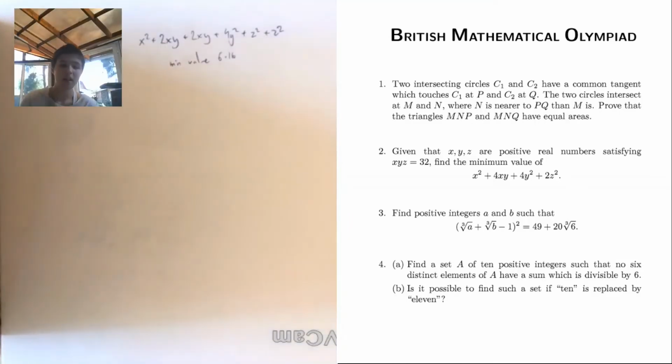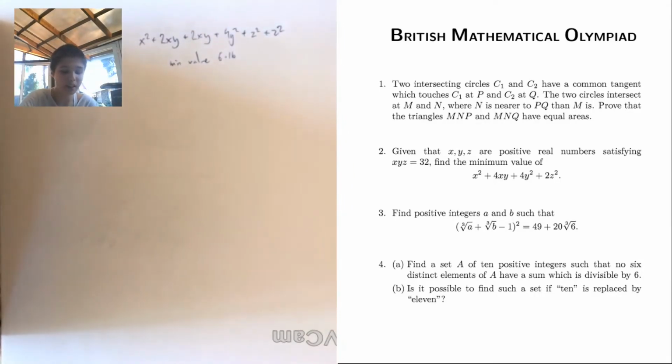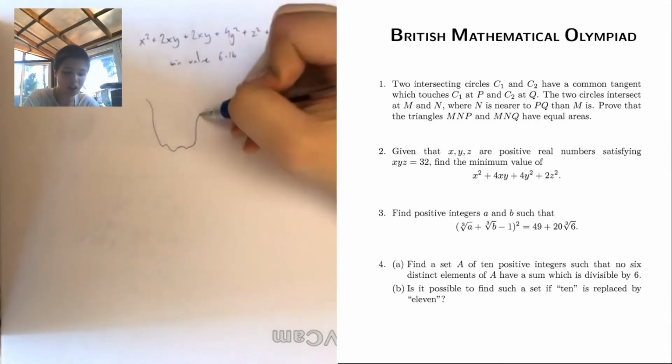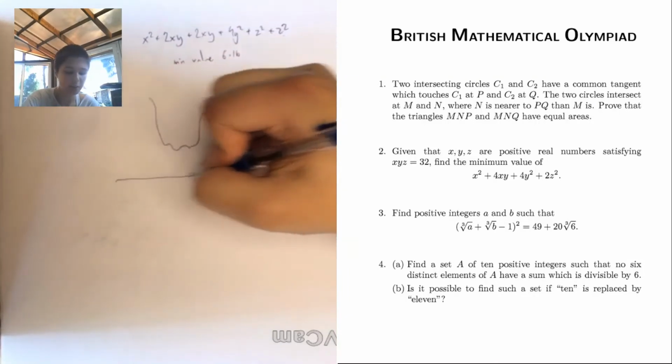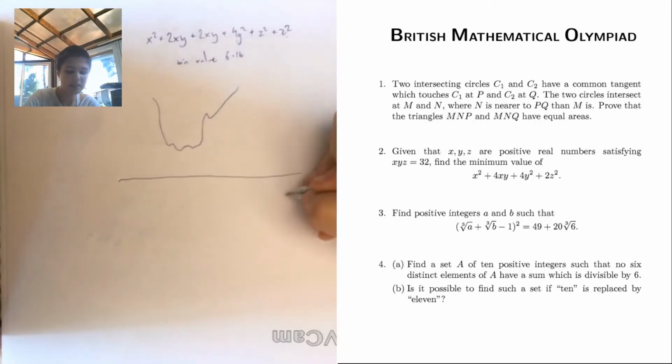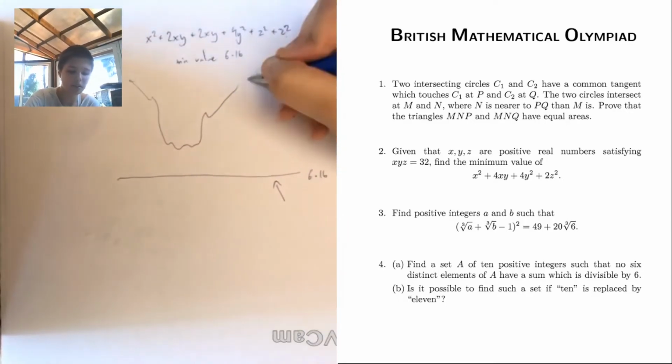Okay, so we found a minimum value of this, but we don't know that this minimum value is actually reached. So our function, I'm not going to draw it in 4D because I can't, but this could be our minimum value, 6 times 16, and our function does something like this and then goes up to infinity.